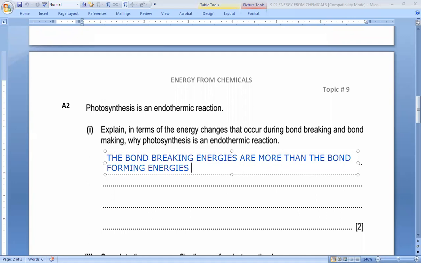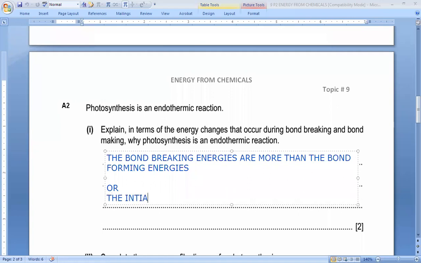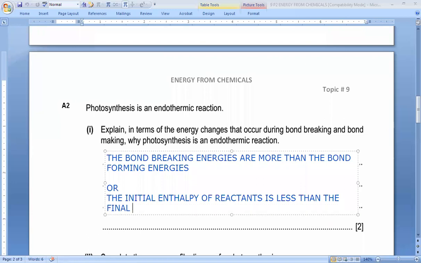That is why the reaction is endothermic, or the initial enthalpy of reactants is less than the final enthalpy.